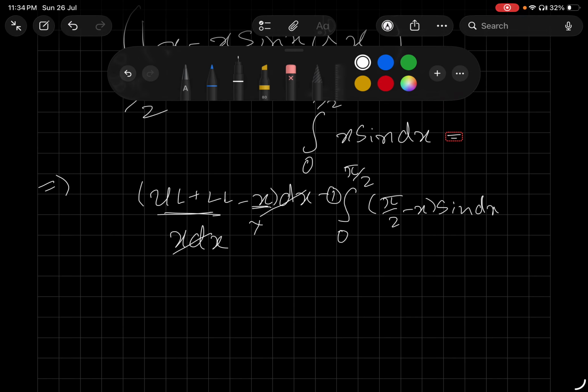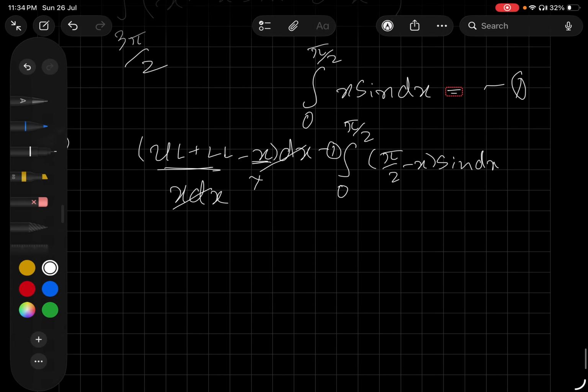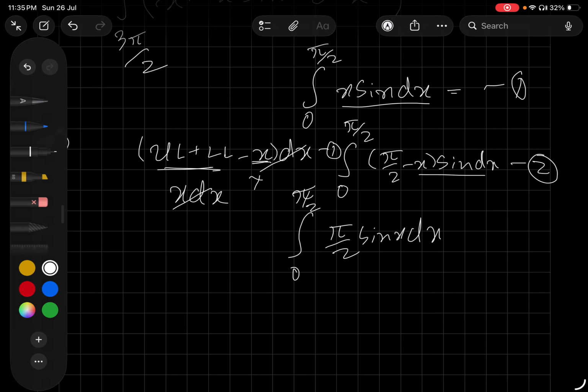So we are left with upper limit plus lower limit, which comes as the integral from 0 to pi by 2 of pi by 2 sin x dx, because this and this will be eliminated by adding.